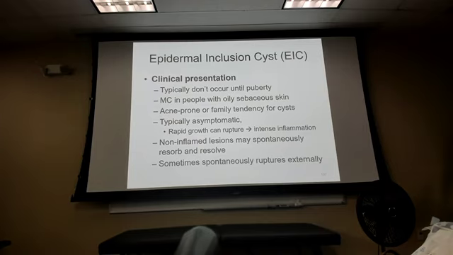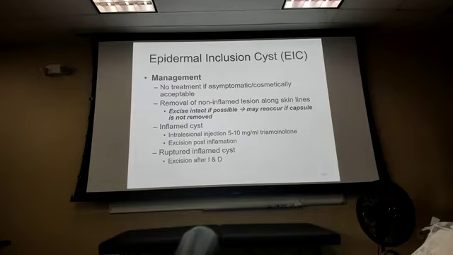But again, the cyst wall is still there, so it's probably going to come back. Sometimes spontaneously ruptures externally. No treatment if asymptomatic, cosmetically acceptable. Removal of non-inflamed lesion along with skin lines. Excise intact if possible. May reoccur if the capsule is not removed.